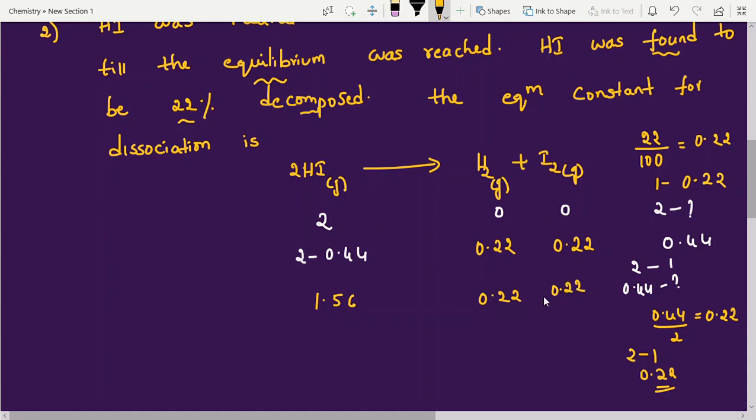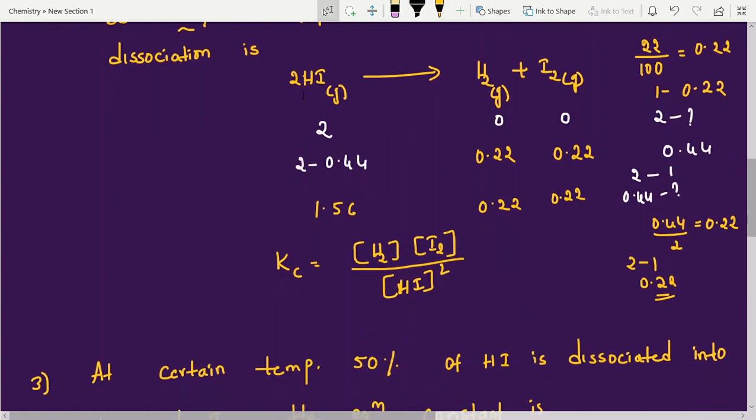Now what they are asking, again here also equilibrium constant, dissociation constant, that is nothing but Kc. Kc equal to concentration of products by concentration of reactants. Here what is the stoichiometric coefficient? 2. We have to take it as power 2. Before, in the earlier equation, it was only 1 mole, that's why we took PCl5 as is, but here they have given 2, no?